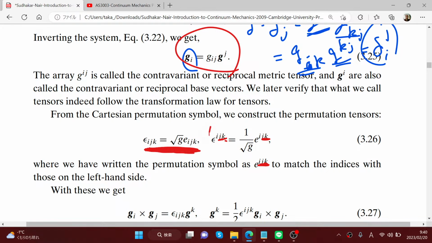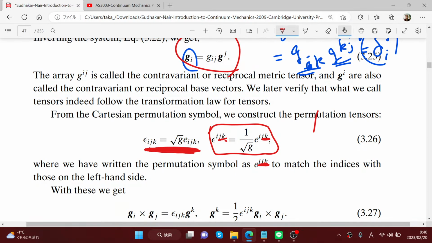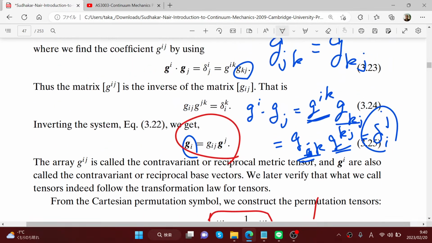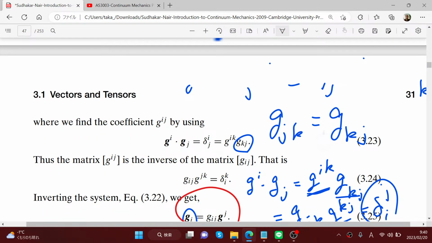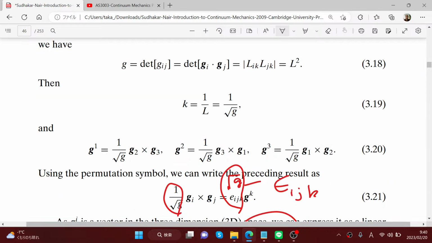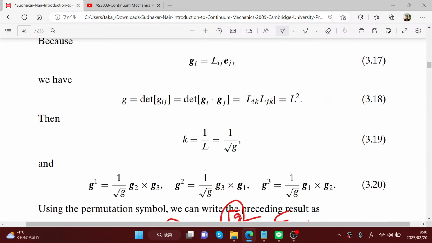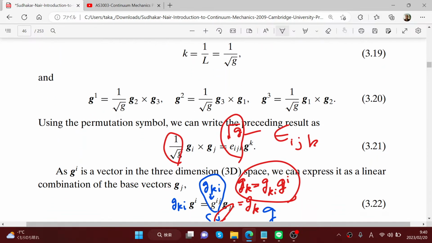So here we all of a sudden introduced upstairs indices. And the reason we do this is strange.